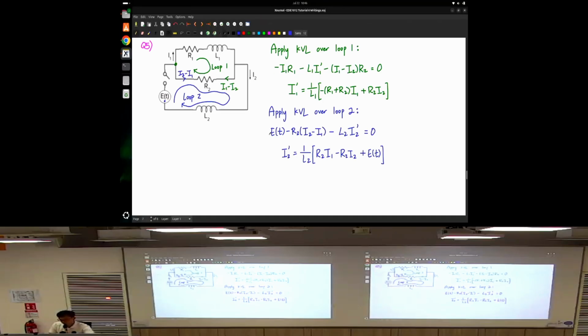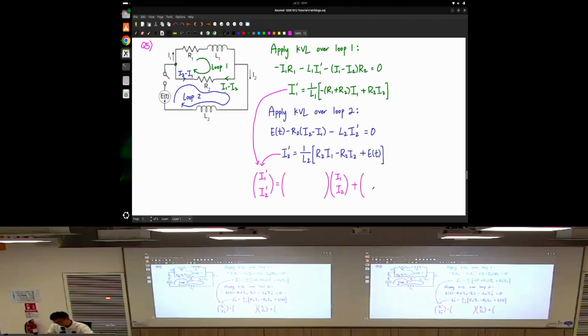So you can see that there are two equations here. If you combine the two equations, you are going to get your system. Your system is going to be I1 prime, I2 prime, equivalent to a matrix multiplied by I1, I2, plus an E of t term.